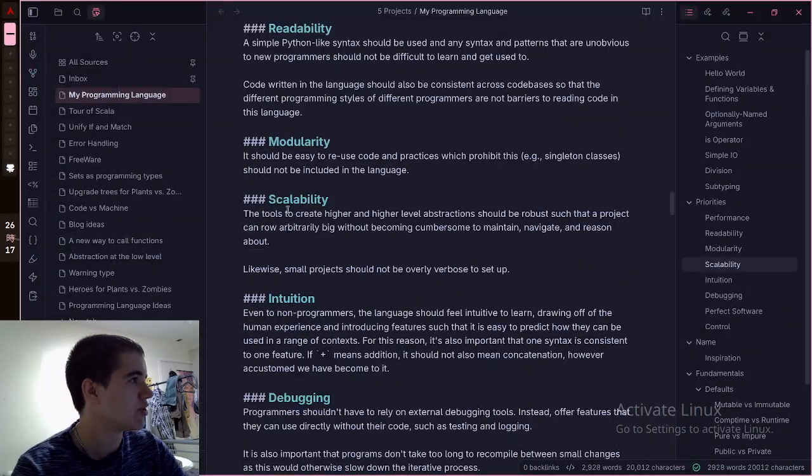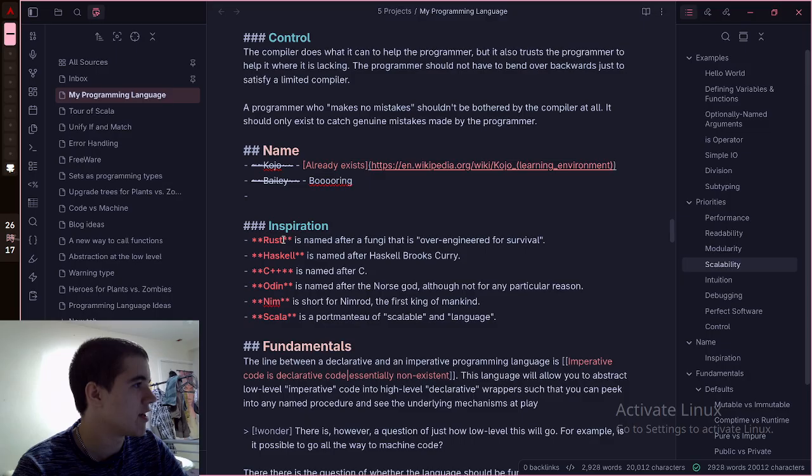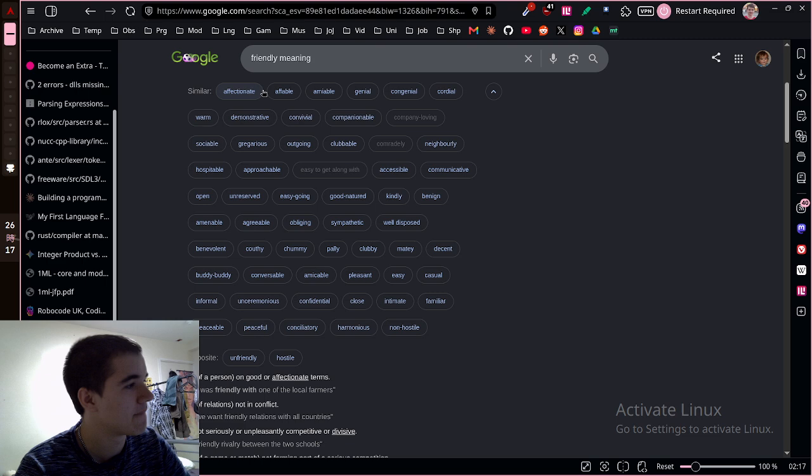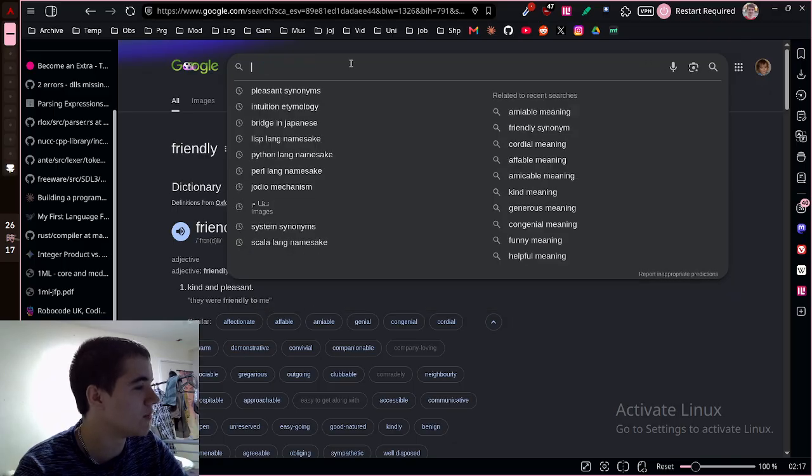I like the approach of naming it after something, like Rust is named after a fungus. Nim, I guess, is another example, but they're cool examples. The Rust one's actually really cool. So let me think of what I know.